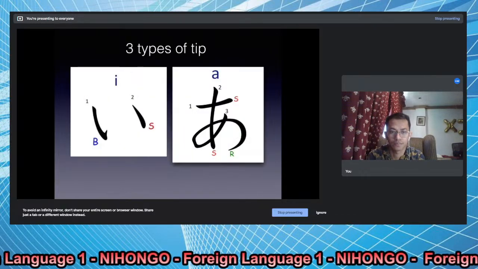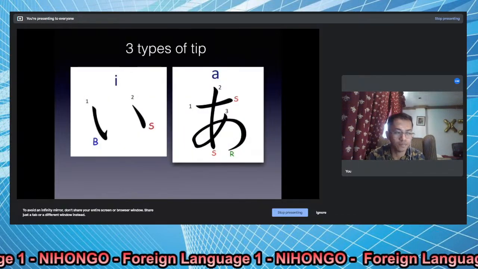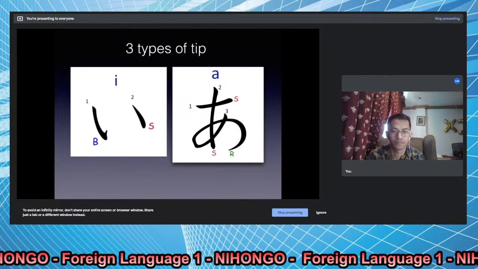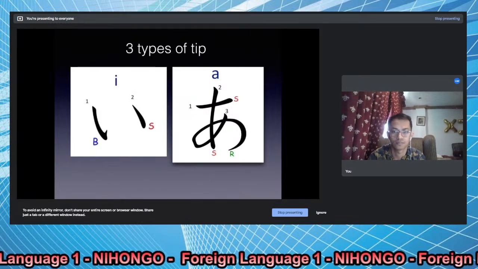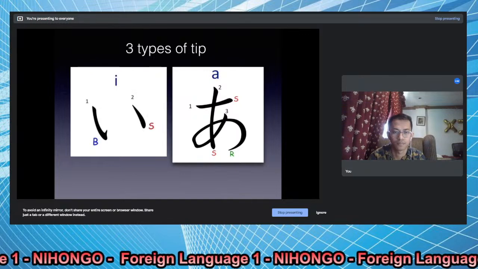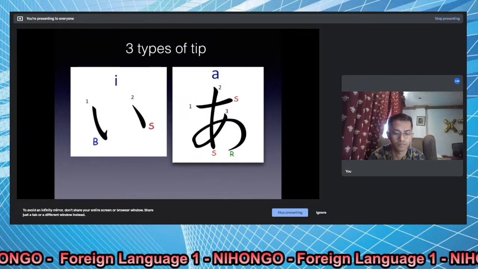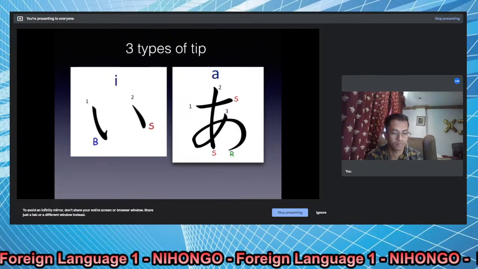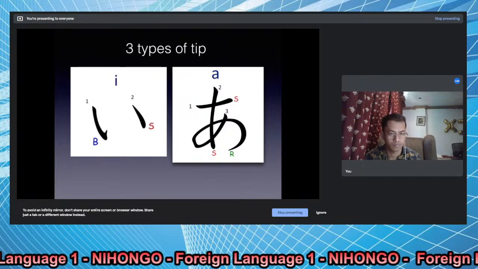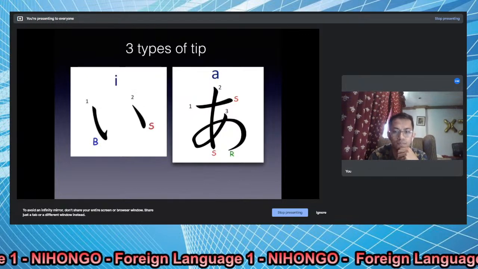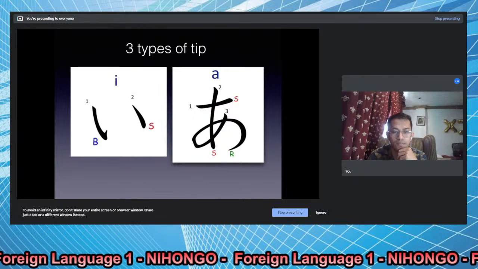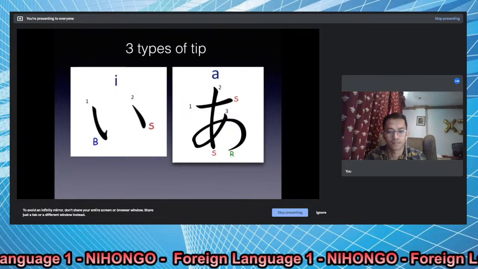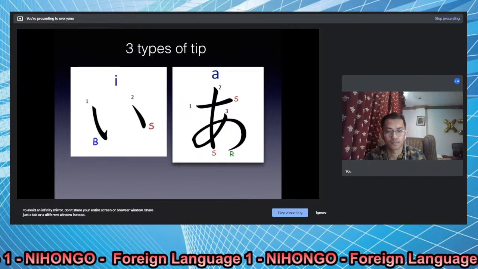As always, each letter will be presented with a model like this. The number indicates stroke order. And I'm going to say the numbers in Japanese in this video, so you're going to hear the Japanese numbers instead of English ones. The alphabet letters indicate how to finish the stroke.